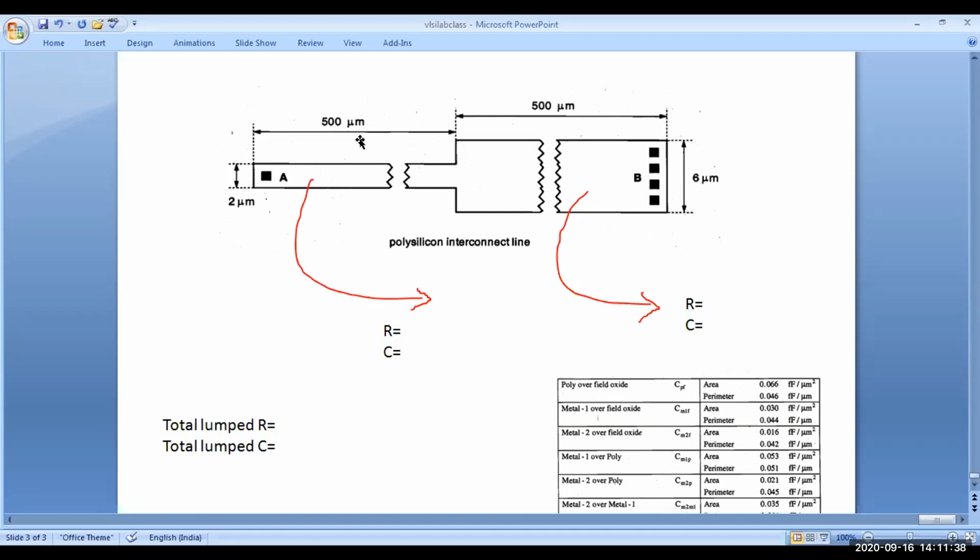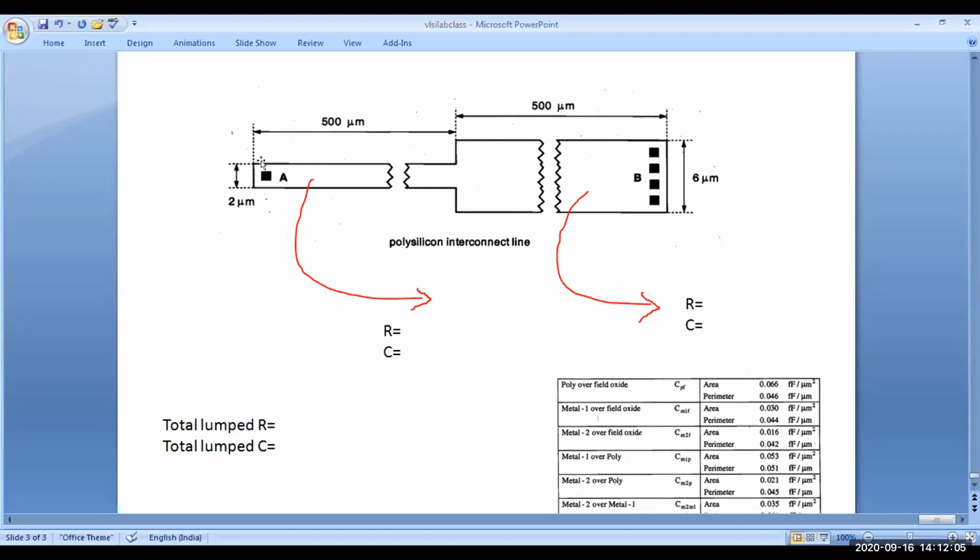As it has non-uniform width, it will have different parasitics as compared to the first question. Here we are dividing that same polysilicon interconnect line into two segments, each of 500 micrometer and with different width. This is 2 micrometer and this is 6 micrometer.